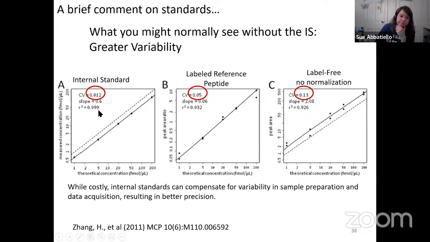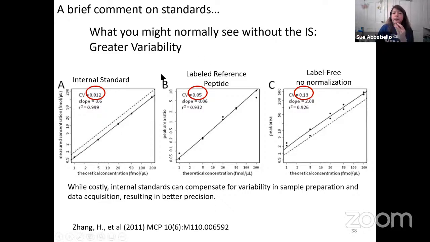Then when it's plotted, we look at the R squared and the slope, and that's all fine. But the coefficient of variation, which means the variability of each of the measurements taken, is about 1.2%. So we're able to get very reproducible measurements when we normalize a peptide by its internal standard, same sequence, just an internal standard.